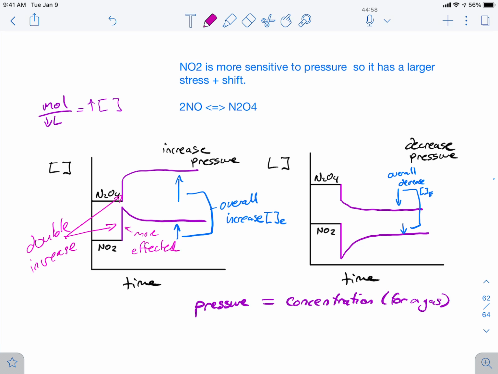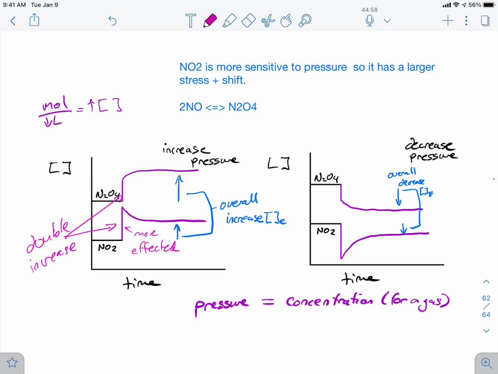And so because it's more affected, we have to compensate for the new concentration, the larger increase in concentration of the NO2, which causes the N2O4 to have to compensate. So the extra NO2 has to be used up, shifting the reaction to the right.